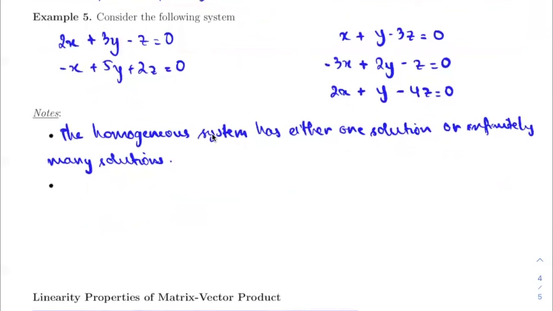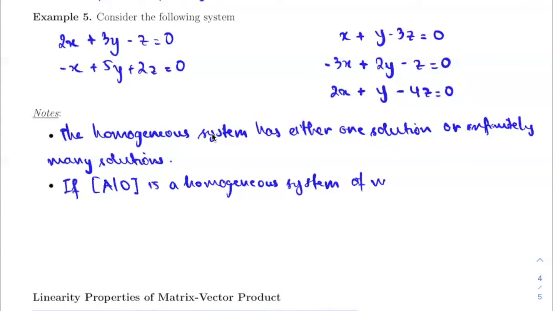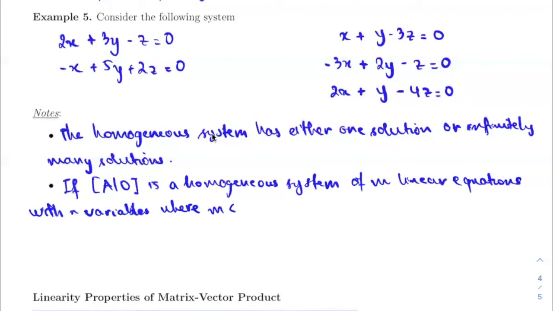The second note is, if you have an augmented matrix, which consists of the coefficient matrix and the constant matrix, of a homogeneous system of m linear equations with n variables, where m is less than n, then the system has infinitely many solutions.